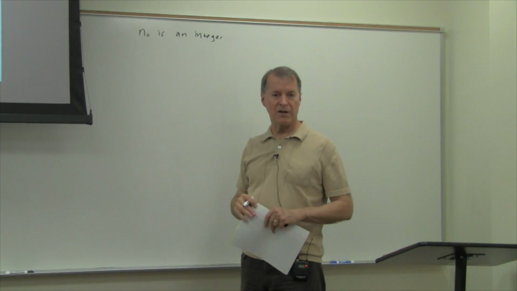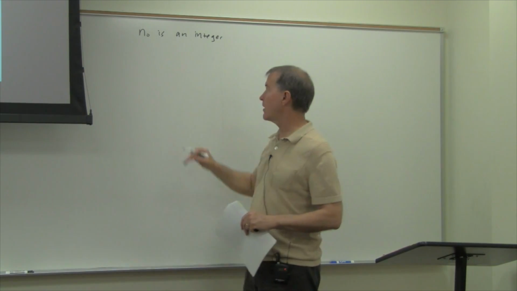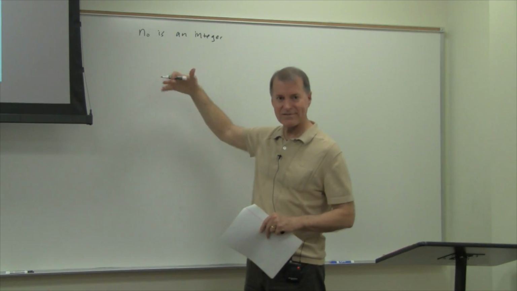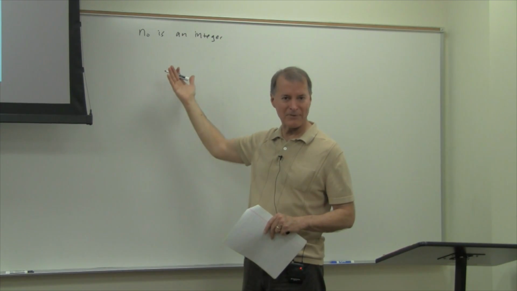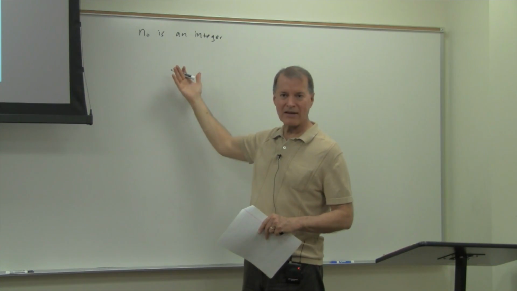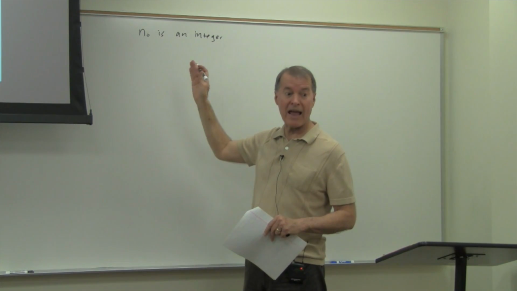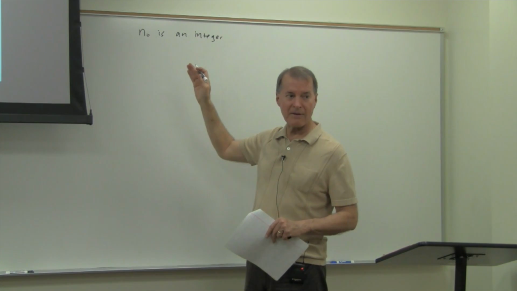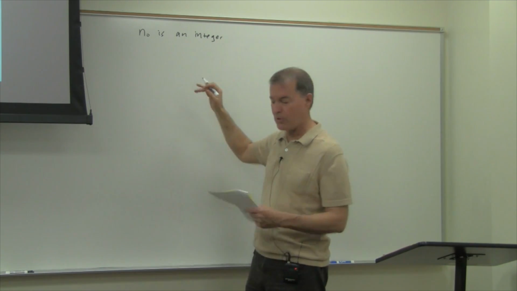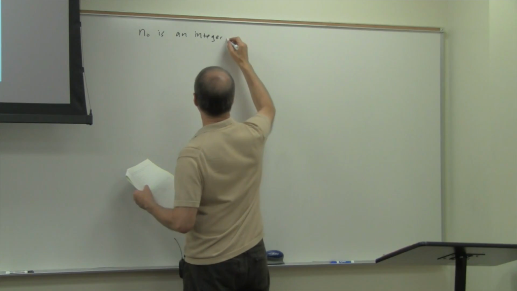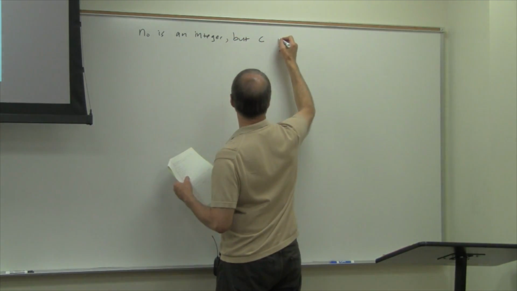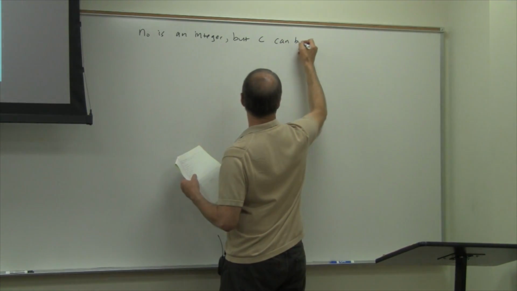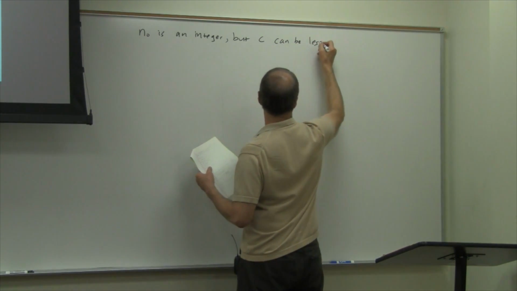They both had to be positive. Now, for n naught to be an integer, it has to be 1 or 2 or 3, right? So n naught can't be less than 1, but it might happen that c, even though it has to be positive, you might have to make it less than 1. So n naught is an integer, but c can be less than 1.